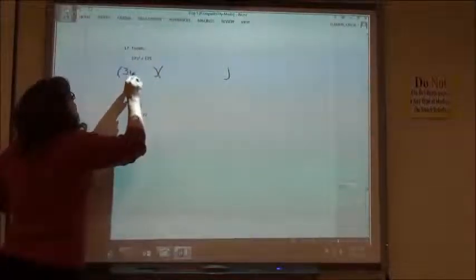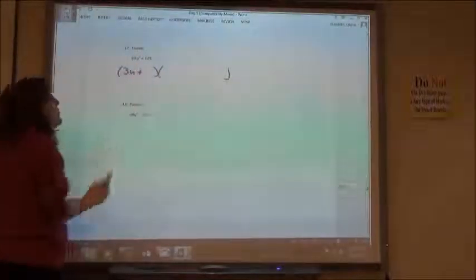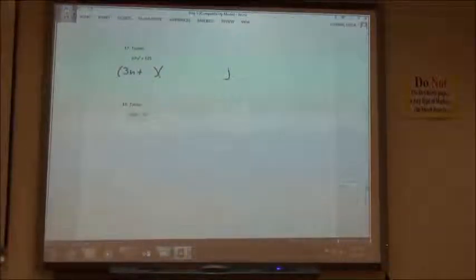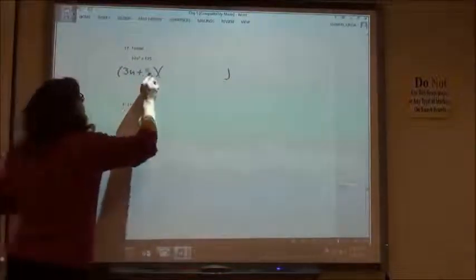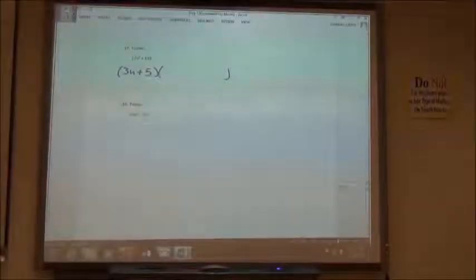So 3u, my sign's going to be a plus since there's a plus up there. And the cubed root of 125 is 5. So we got 3u plus 5 in the front.